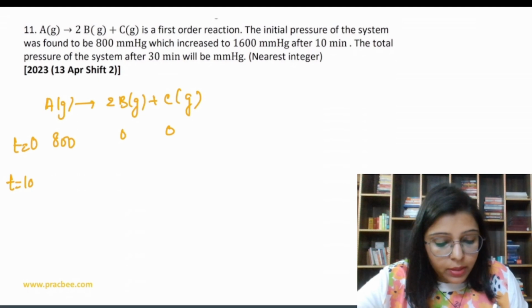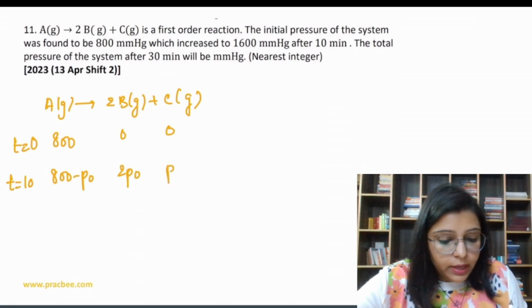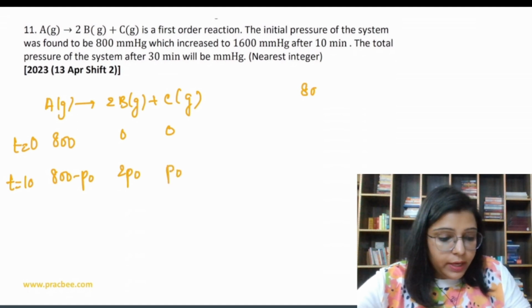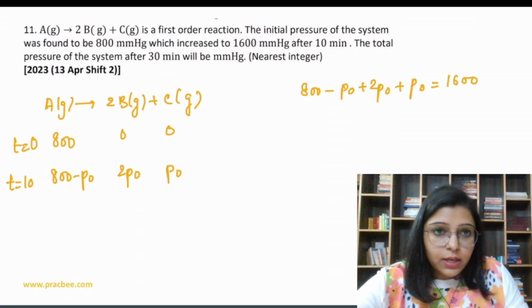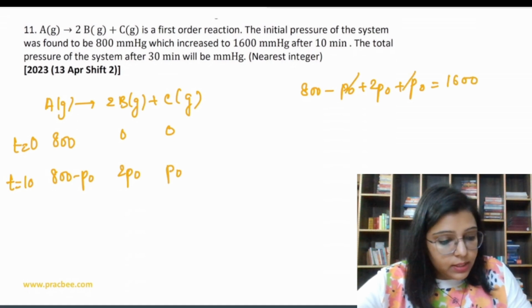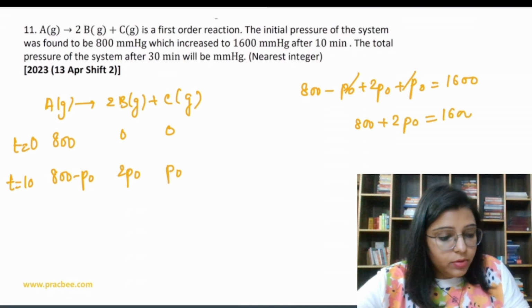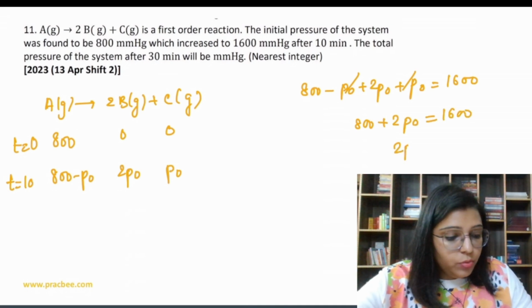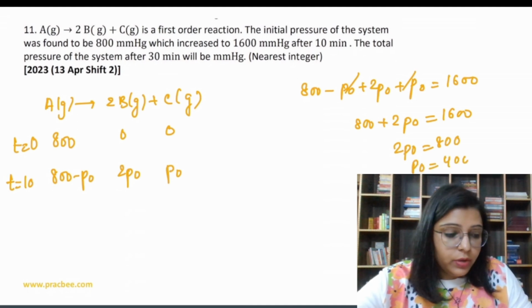So we can say 800 minus P naught, this is 2 P naught and this is P naught. So 800 minus P naught plus 2 P naught plus P naught is equal to 1600. So we can say that 800 plus 2 P naught is equal to 1600, so 2 P naught is equal to 800 and the P naught value is equal to 400.